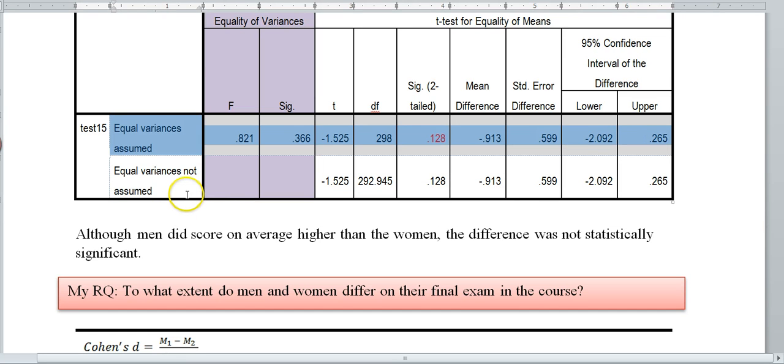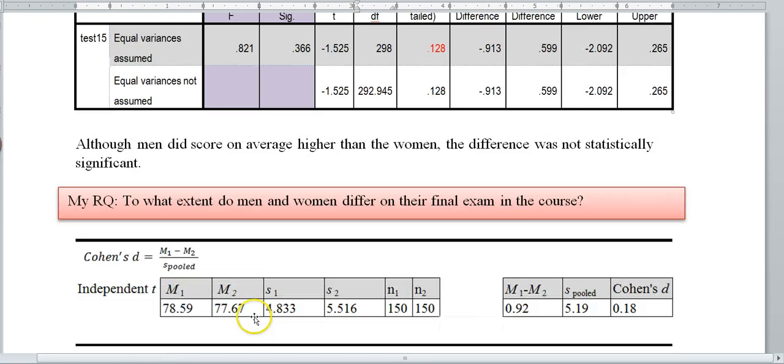But if, for example, your test results violate statistical significance and you have to use this value, notice the degrees of freedom are different, because we talked before about how one of the ways to handle heterogeneity of variance is that you use some kind of correction. Well, in this case, when you cannot assume equal variances, there's a correction in the number of degrees of freedom, and that's what that's doing there.